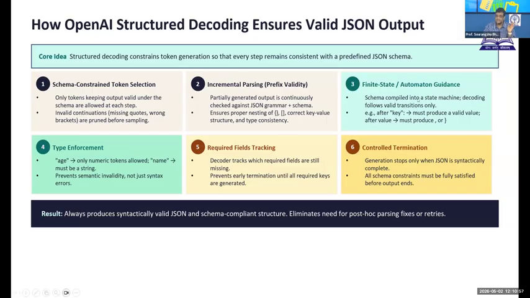So this is at generation time. After that, they do a few things which we will also look at next, which is called output validation. So what does it do? In output validation, it does something like type enforcement.